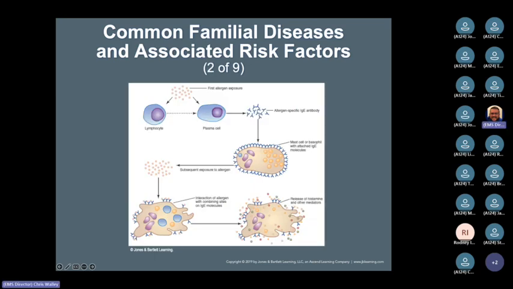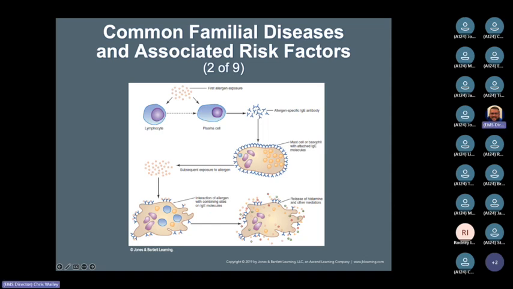All right, so this right here shows the pathogenesis of an allergy. First, exposure to an allergen induces formation of a specific immunoglobulin, IgE. The antibodies in susceptible patients then bind to mast cells and basophils.